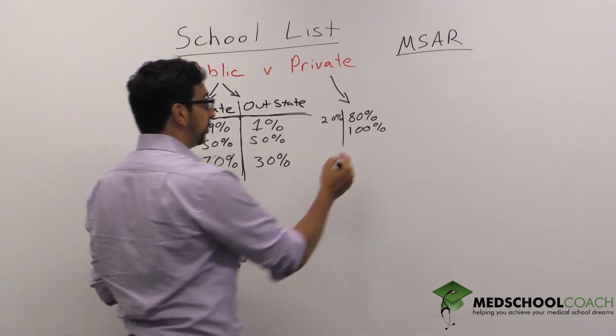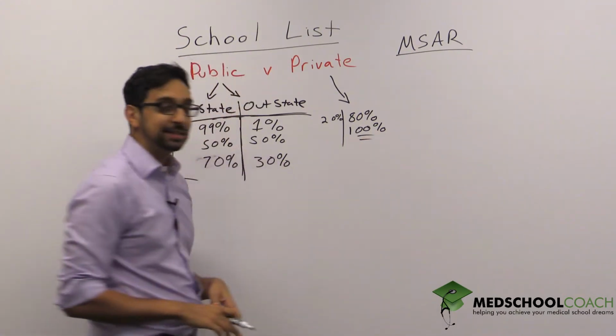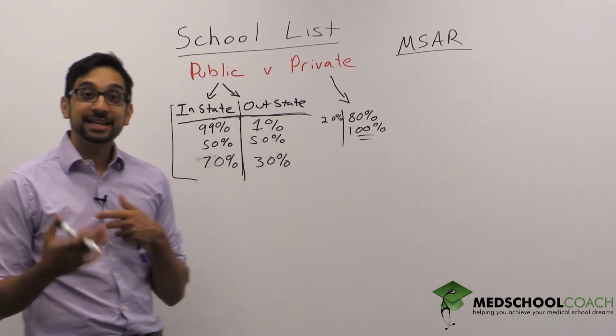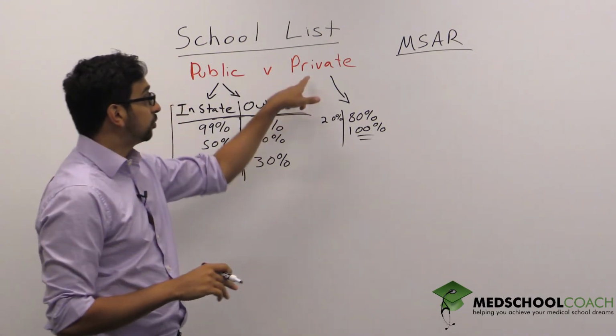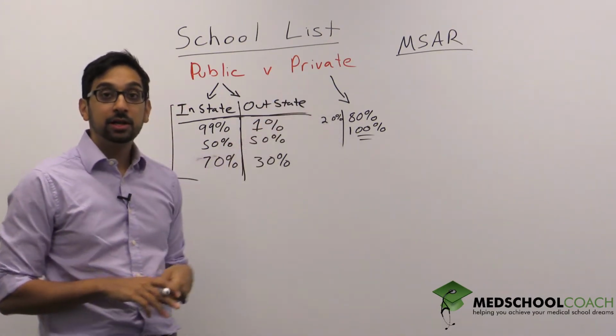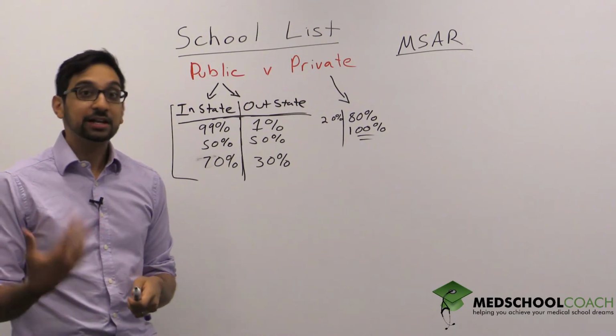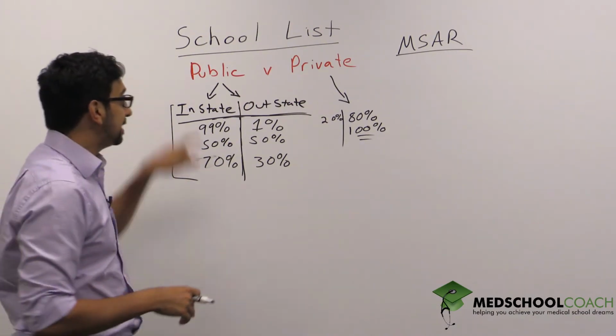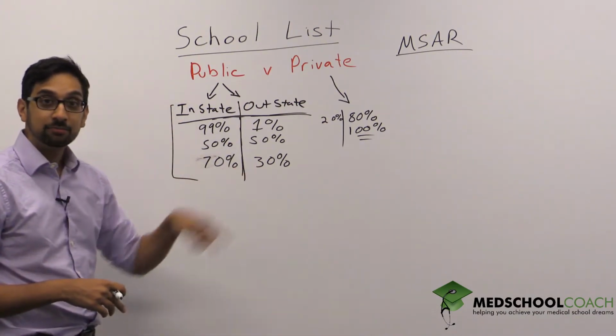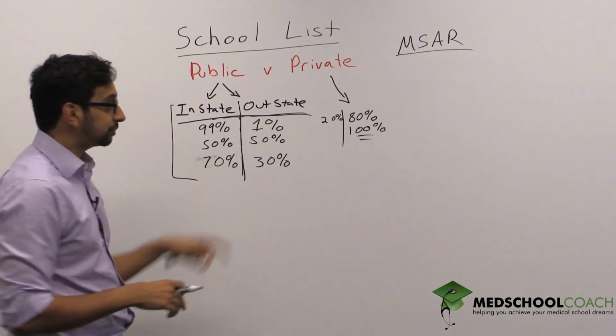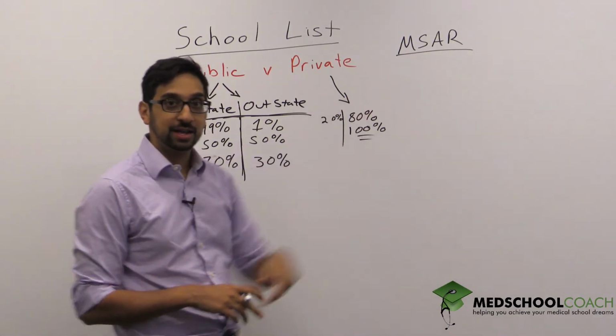But in general, they are not looking at in-state versus out-of-state as an acceptance criteria. So private schools are where you're going to want to put the majority of your emphasis on your application, and then some of the public schools which are accepting more students from out of state. Again, all these numbers are actually found on the AMSAR.